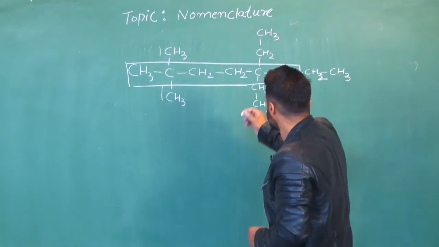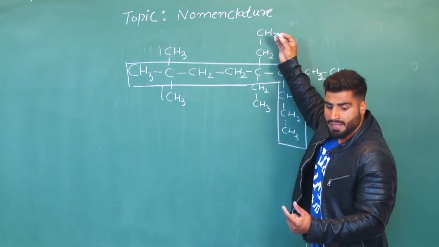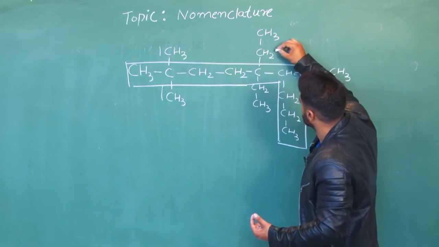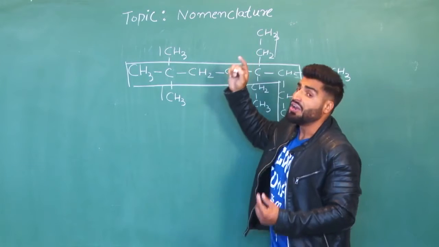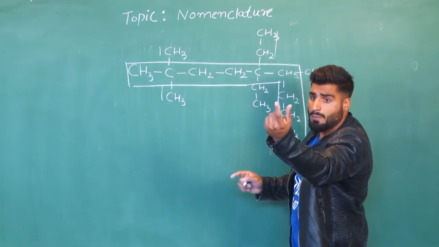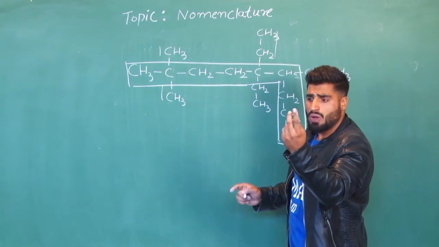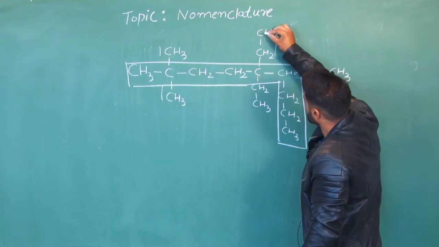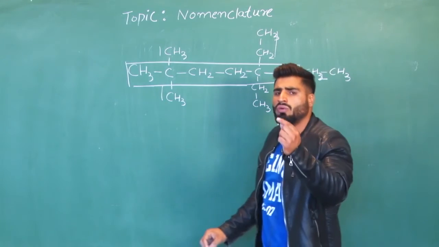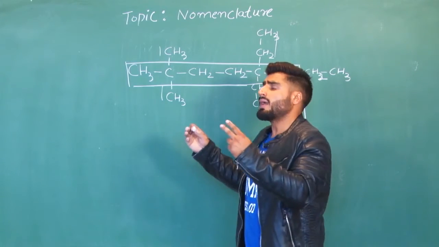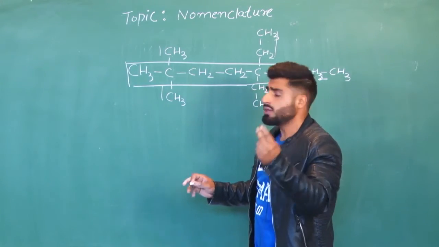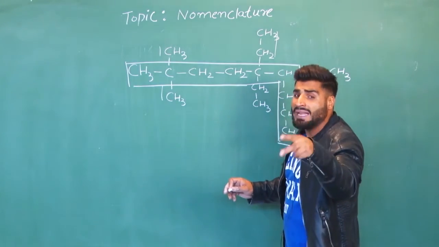Now the chains that are not included in the parent chain are known as side chains. Side chains are written in prefix by using 2 letters, YL. So for 2 carbon atoms, I have the root word eth, but I am writing it in prefix as a substituent, so I will be adding YL.